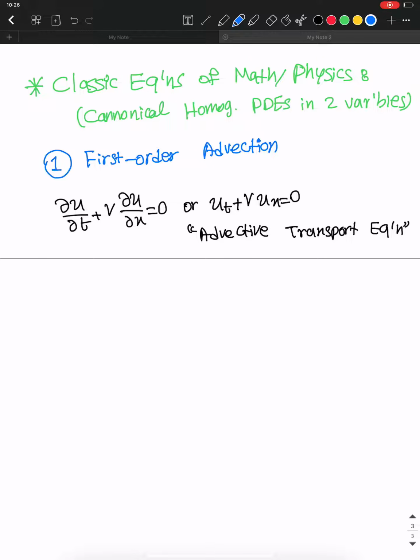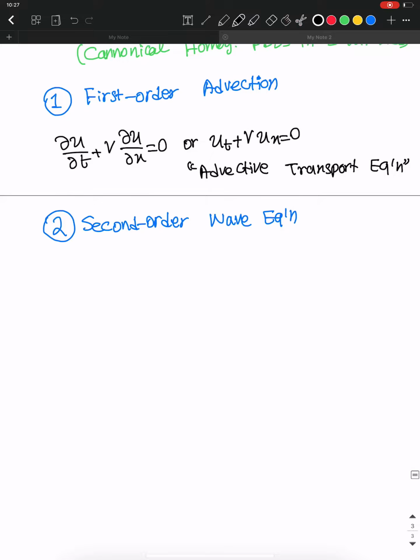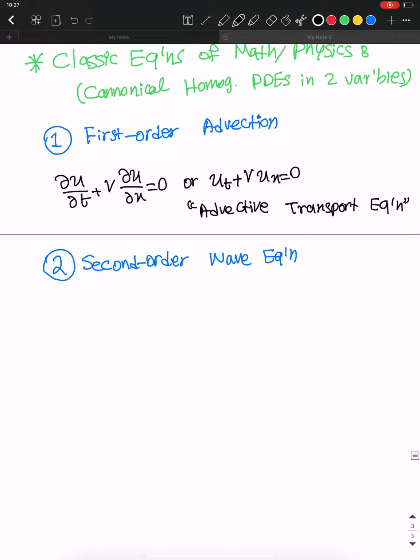And the second equation, which is a second order homogeneous PDE, is the wave equation. So let's see what it is.